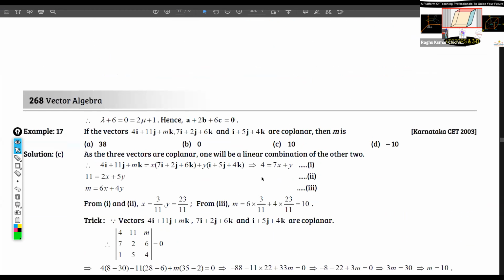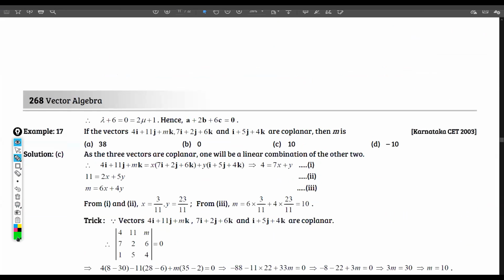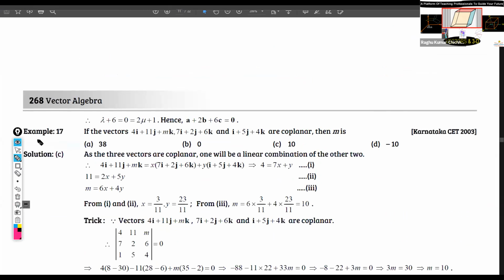Now, the next question is on coplanarity. If the vectors, this one please, I'm talking about this one.